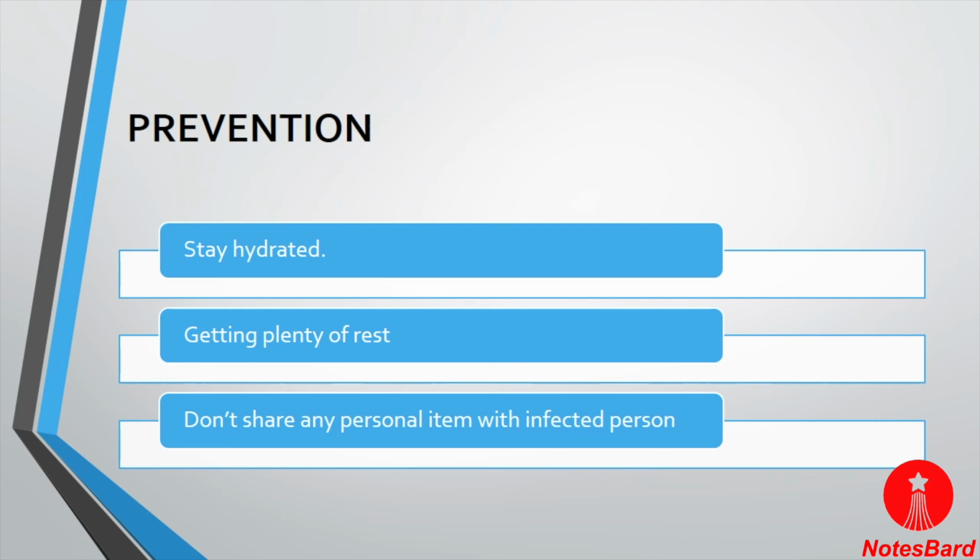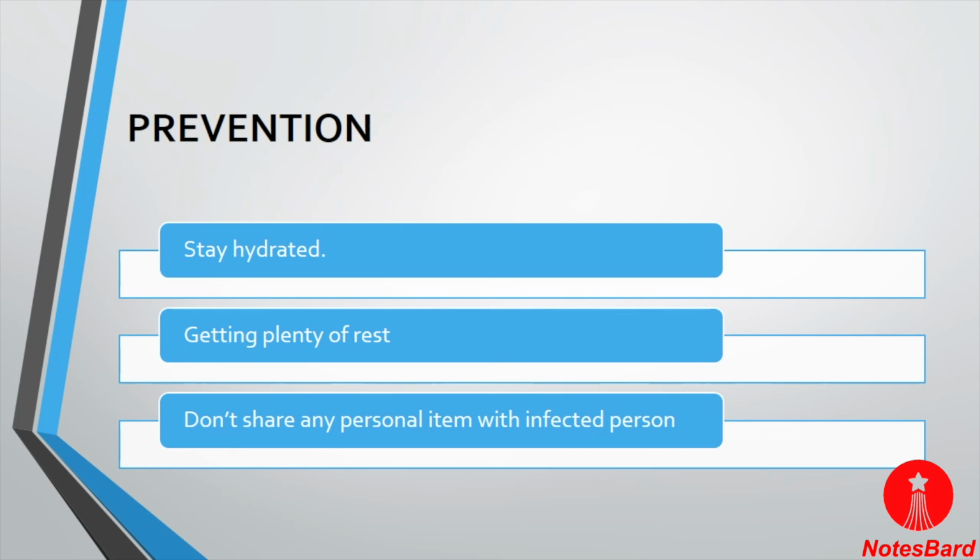Some common cancers associated with Epstein-Barr virus include Burkitt's lymphoma, Hodgkin's lymphoma, and gastric adenocarcinoma, which is also commonly called stomach cancer, and there are several other types of cancers also associated with Epstein-Barr virus. So it's very important to take some prevention methods to protect ourselves from this virus.